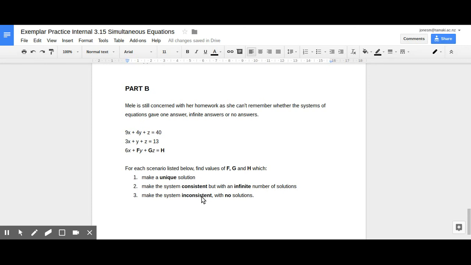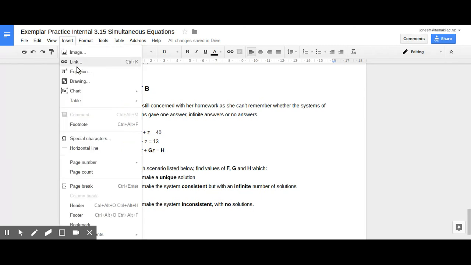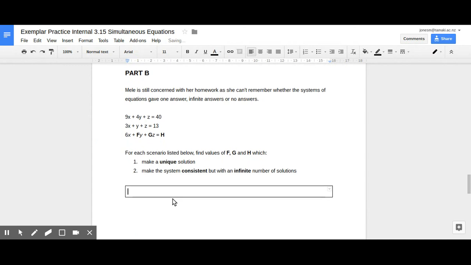And then finally, we're going to come up with an inconsistent solution. An inconsistent solution means there are no solutions. All right, let's actually start with the consistent and infinite number of solutions. I'm going to start with this one, and we'll come back to that unique solution a bit later.